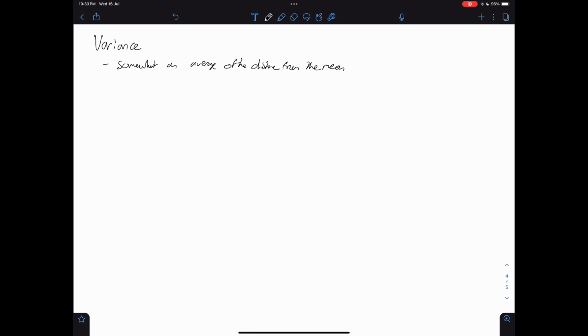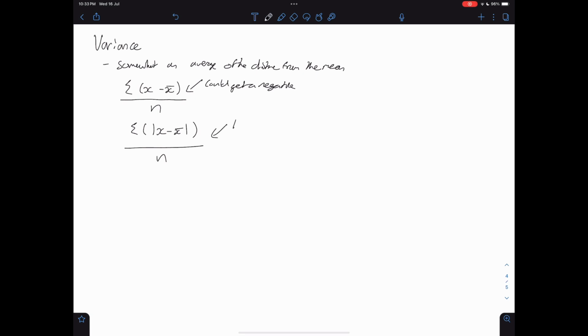We could try to do a sum of x minus x bar over n, but then we could run into problems, as we could get a negative. So we could try and work around that. We could try to do, well, the modulus, the absolute value. But this is hard to work with algebraically.